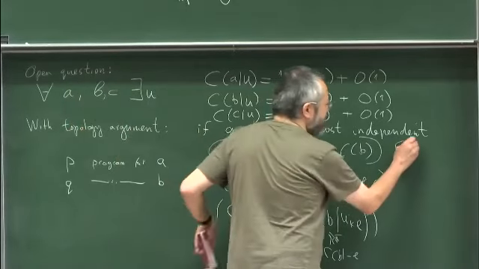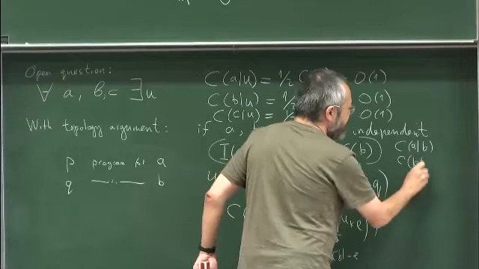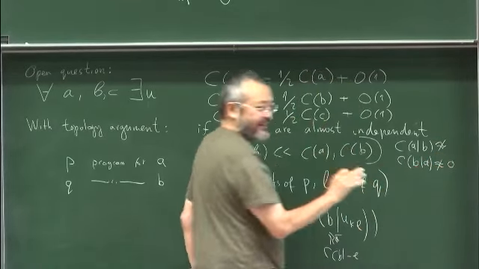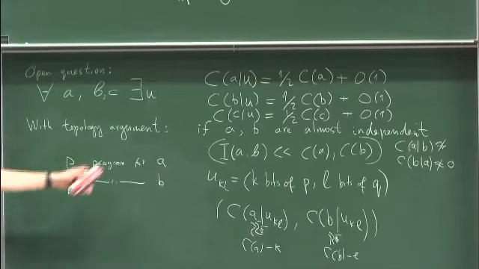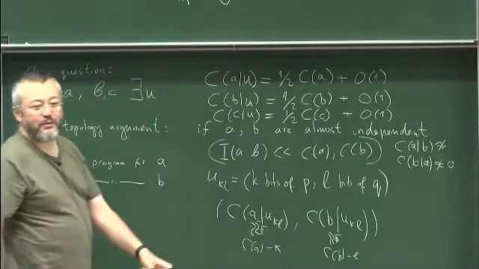So the complexities of A given B and of B given A should not be negligible. There should be something a bit different in them. And then it's enough to prove that there exists a U which halves the information, makes it twice smaller.